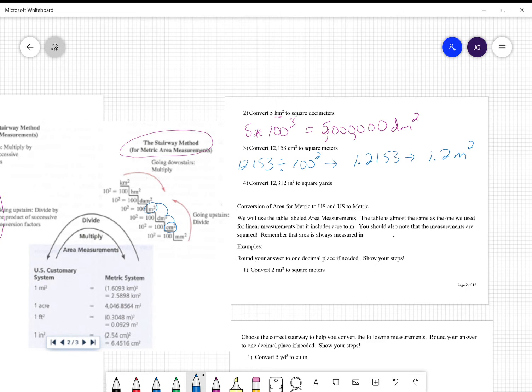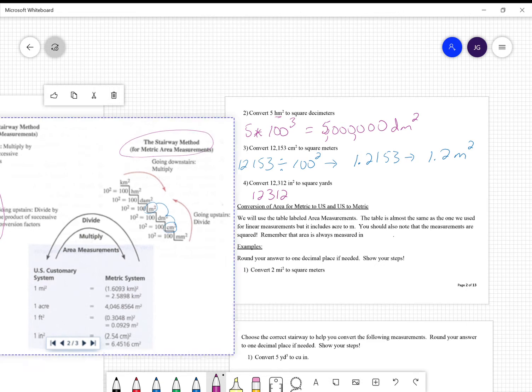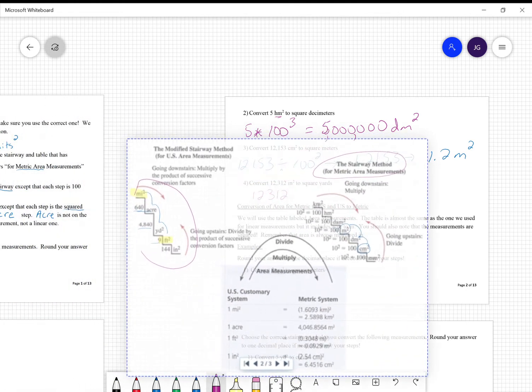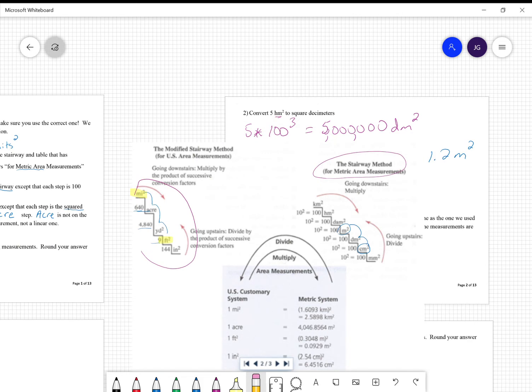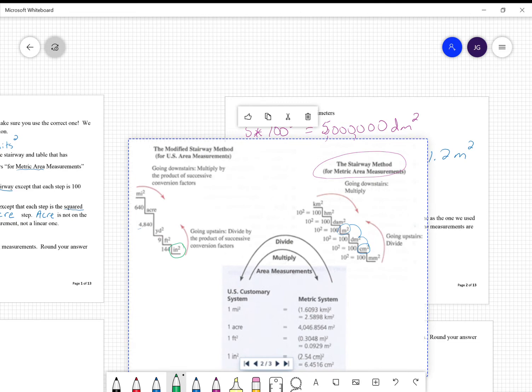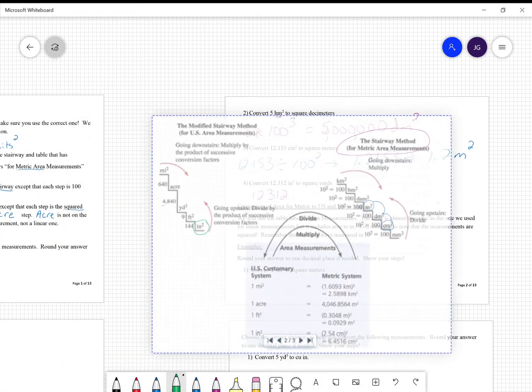Convert 12,312 square inches to square yards. So I'm going to start with 12,312, and I'm either going to multiply or divide. Square inches is here, and square yards is there.